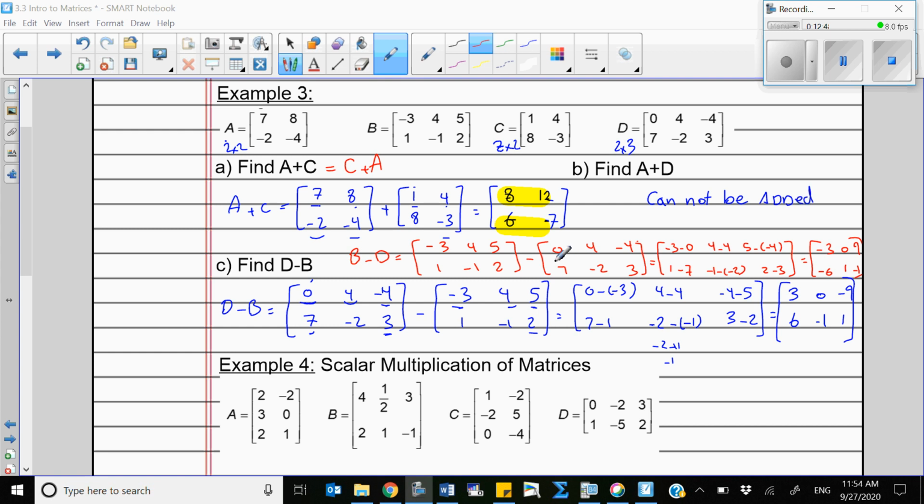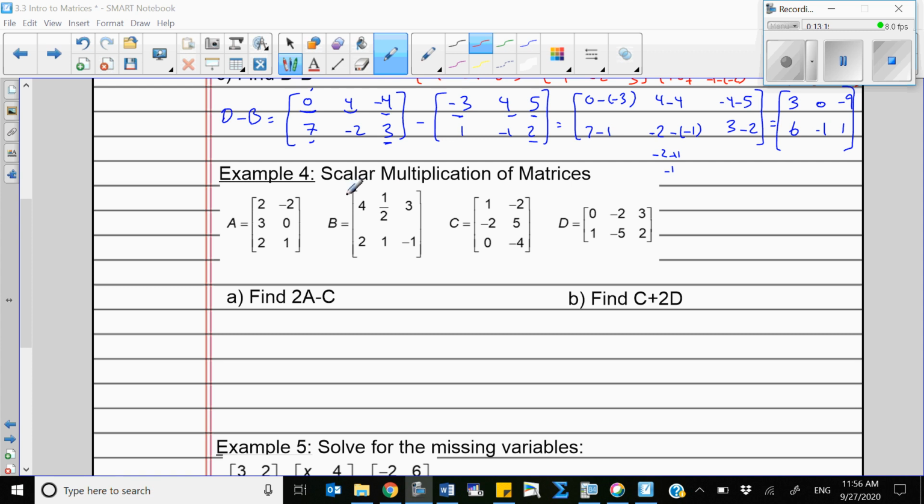If I subtract them, it's going to be negative 3 minus 0, 4 minus 4, 5 minus negative 4, and so on. If I evaluate all these terms, it's going to be negative 3, 0, 9, negative 6, 1, and negative 1. As you see, they are different from the previous subtraction. So subtraction is not commutative.